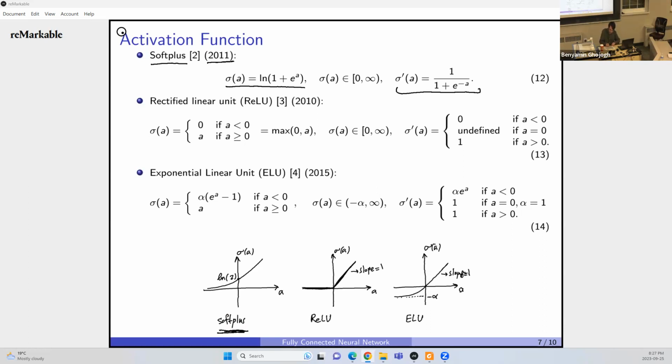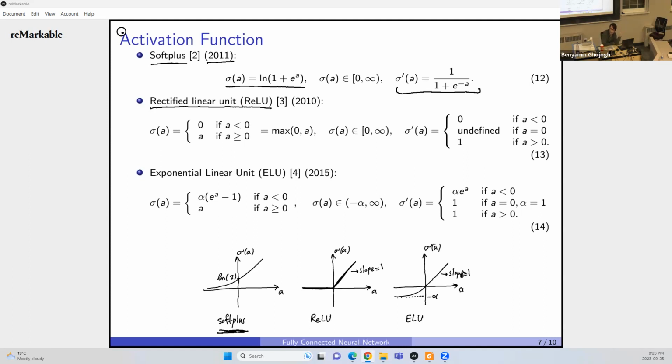And so, of course, if you want some output to be positive only, non-negative, then you can use softplus, for example. ReLU is the most widely used activation function nowadays for hidden layers. For the output layer, they usually don't use that.